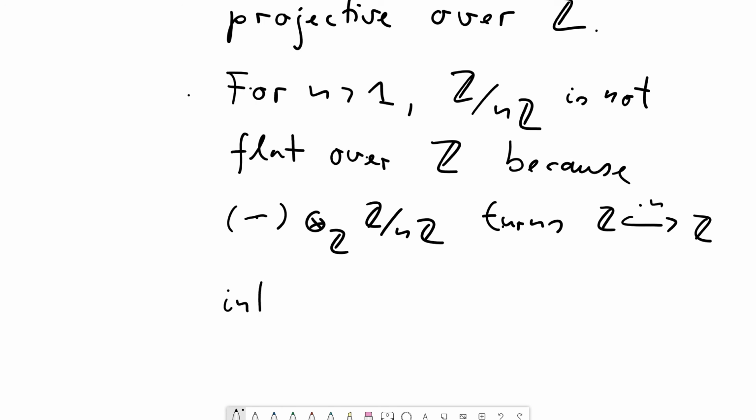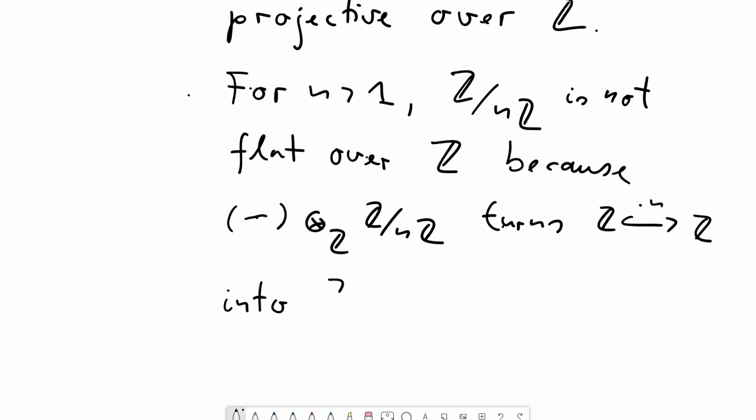And what happens if I apply the tensor product functor to both sides? If I just take the tensor product with Z over Z, that means I just get Z mod n on both sides here. So the induced map is the multiplication by n from Z mod nZ to itself. But that is, of course, the 0 homomorphism because n is 0 in Z mod n.